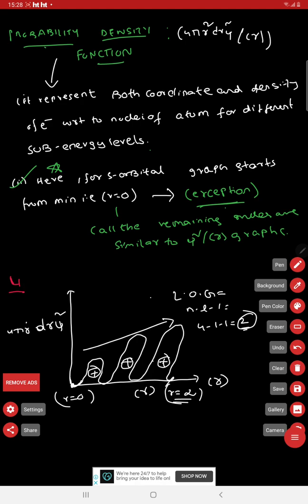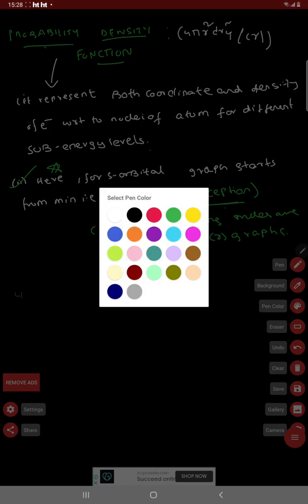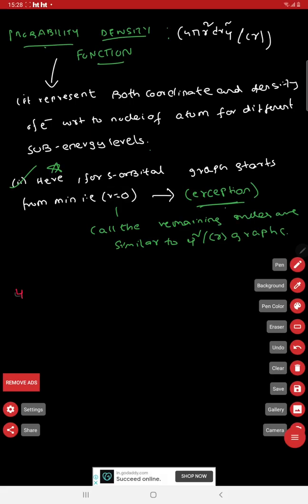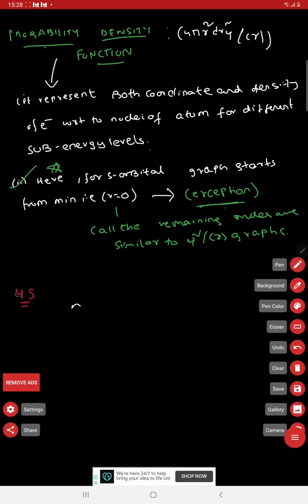Next graph, let me draw for 4s so you can understand better. The 4s graph.